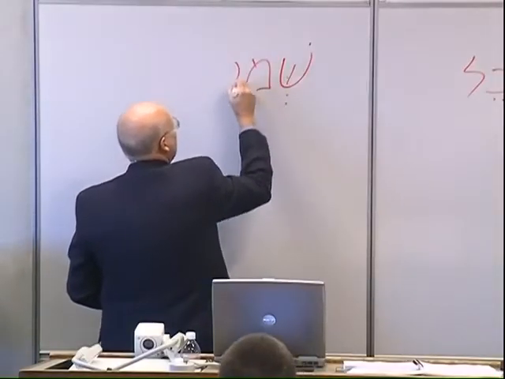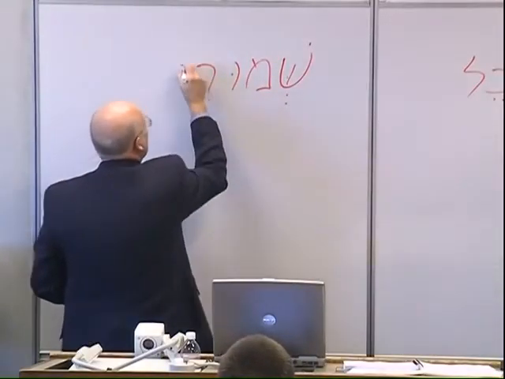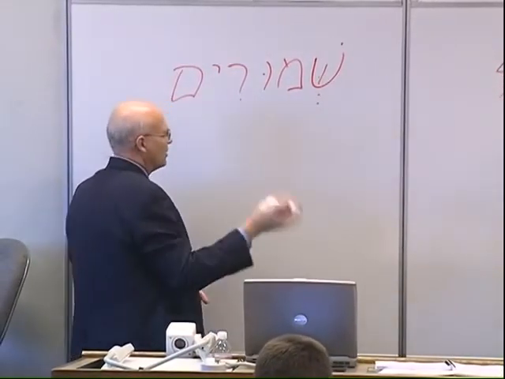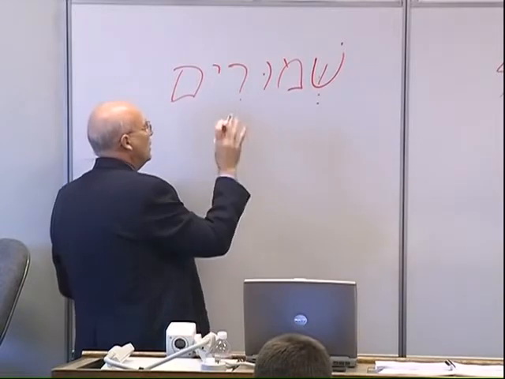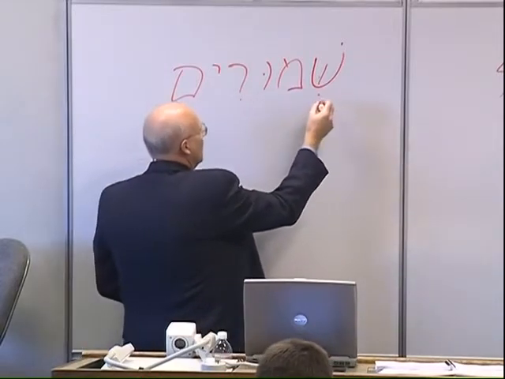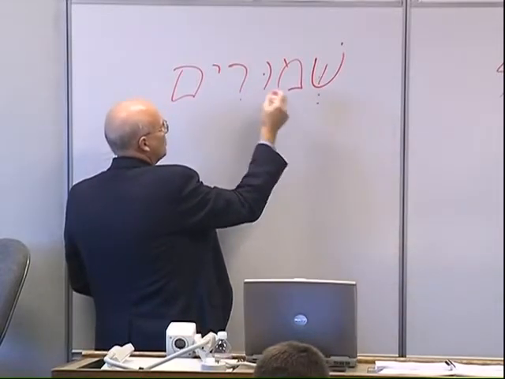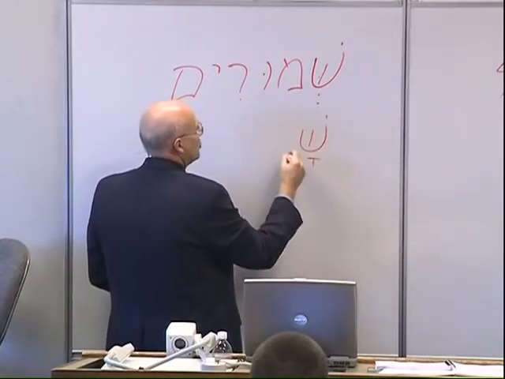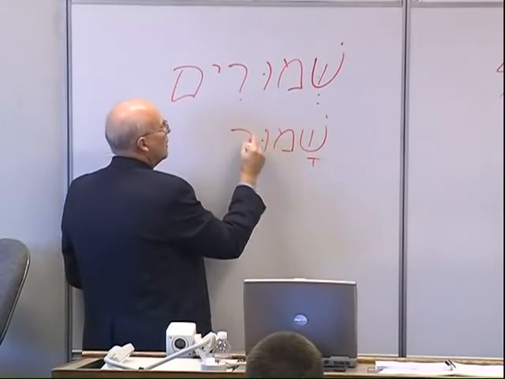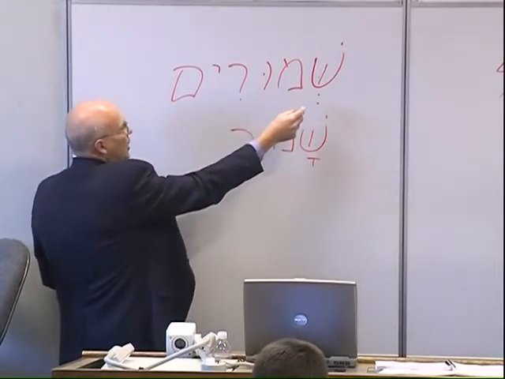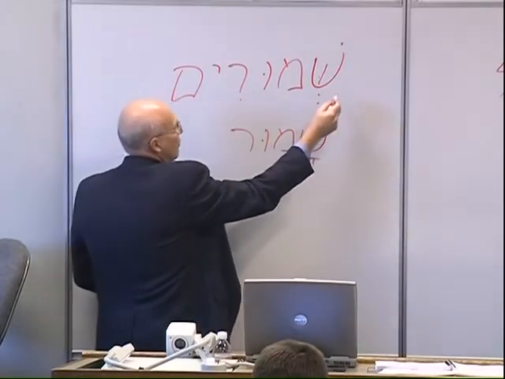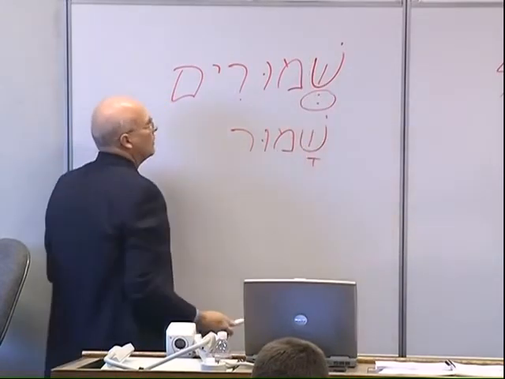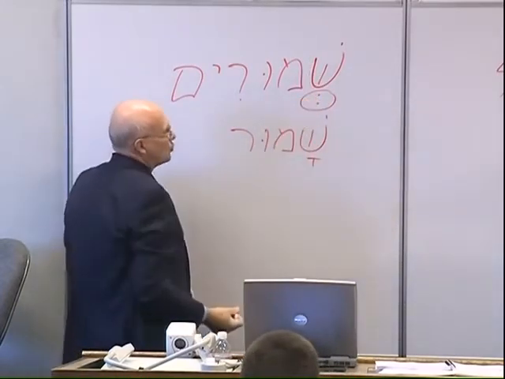On page 115, Shemurim, the Qal passive participle masculine plural. Normally it'd be, remember in the singular, it's shamur. And in the plural it's going to change to shemurim. This is the third syllable back. Don't be confused by this little dot there. It's going to go to a schwa.